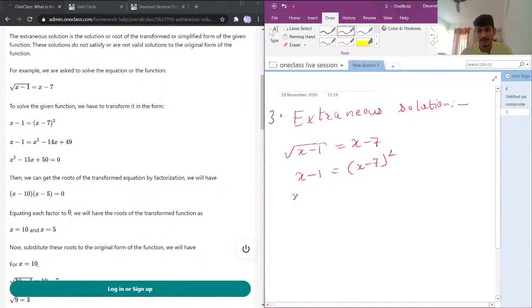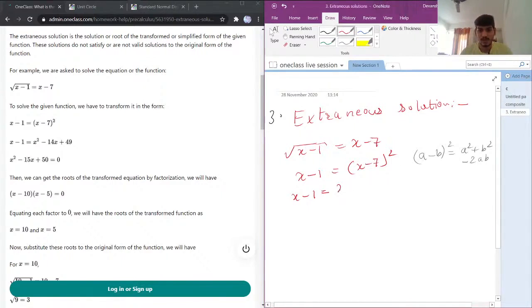I'll expand this. The identity for this, in case anyone forgot: (a minus b) whole square equals a square plus b square minus 2ab. This is just for reference.